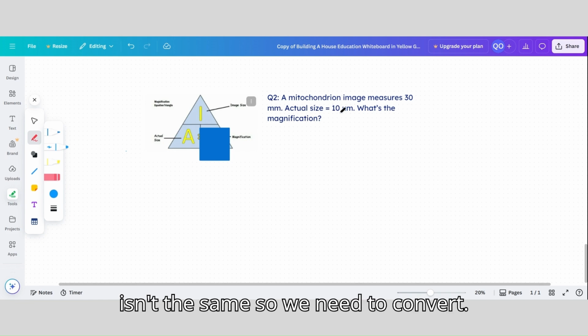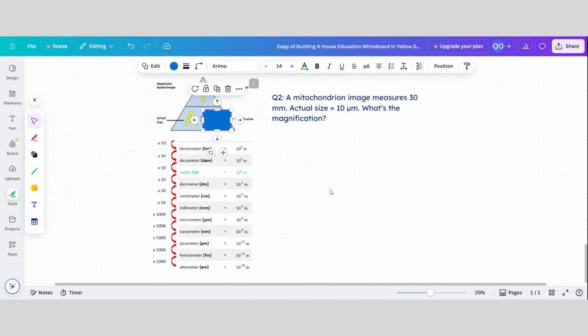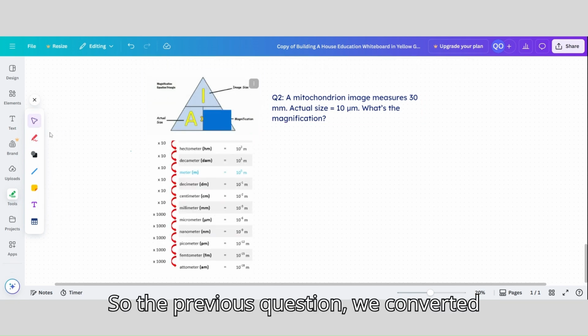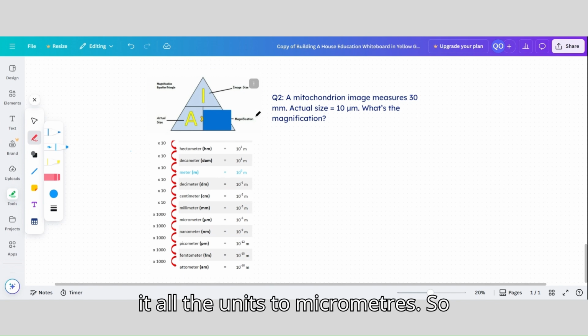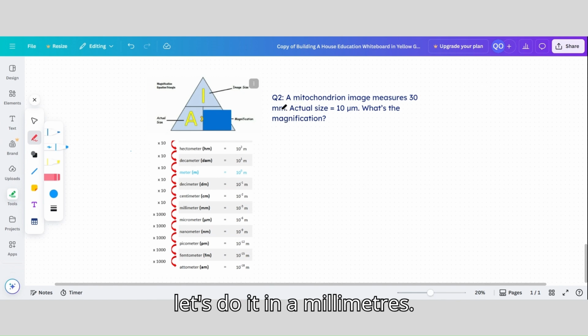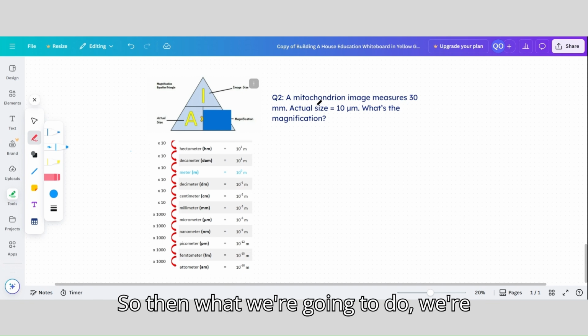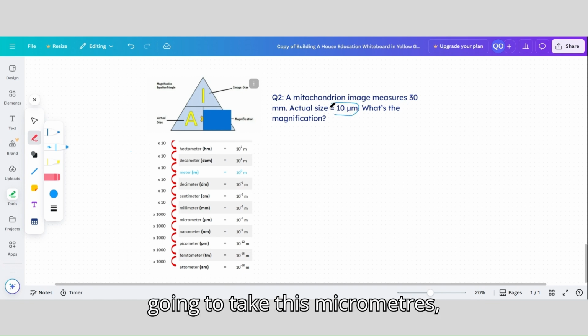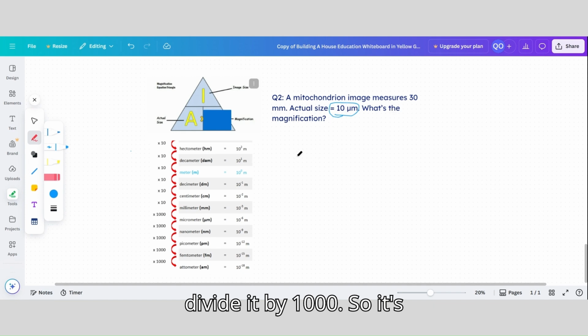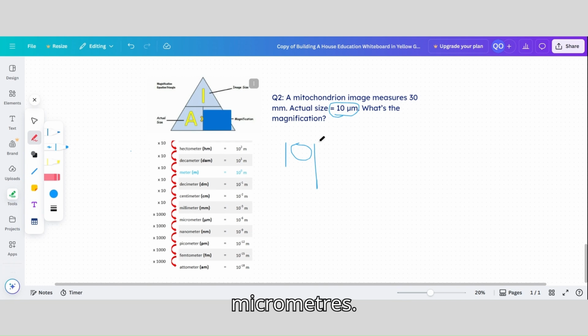We see it isn't the same, so we need to convert. In the previous question, we converted all the units to micrometers. So let's do it in millimeters. So we are going to take the micrometers divided by 1,000.